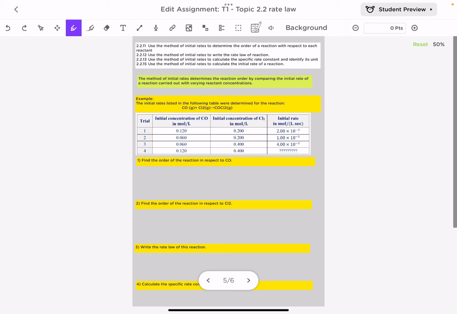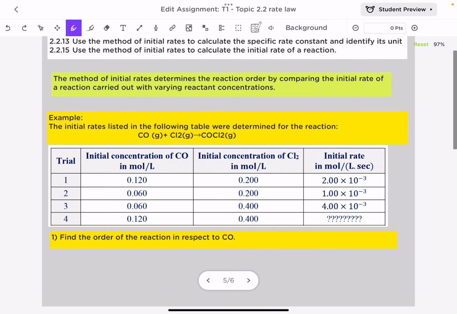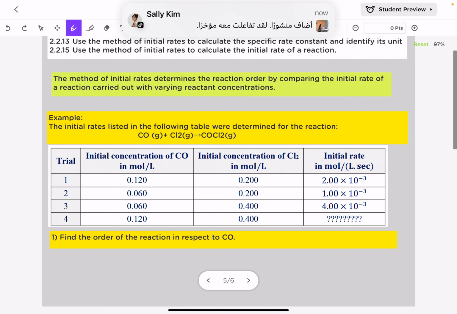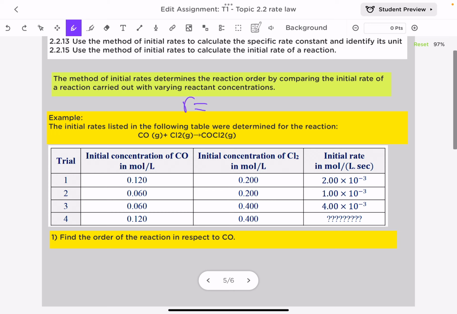Now we're ready to learn the method of initial rates. The method of initial rates will help you to determine the rate law of a reaction, A, B for example, through experimental data. So how can I analyze this data? There's a chemical reaction here, carbon monoxide, CO plus Cl2 giving COCl2.